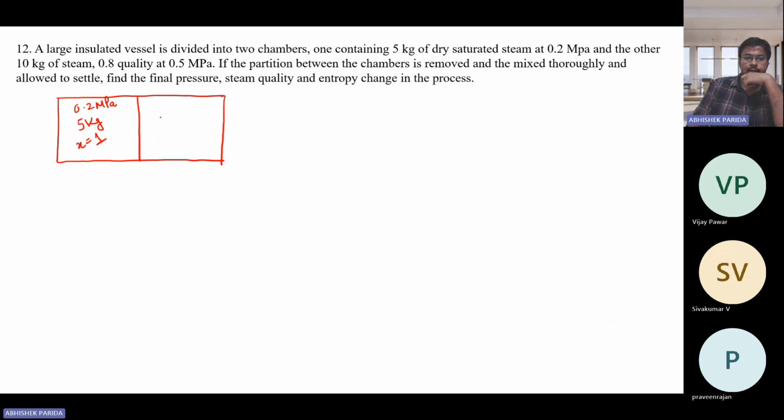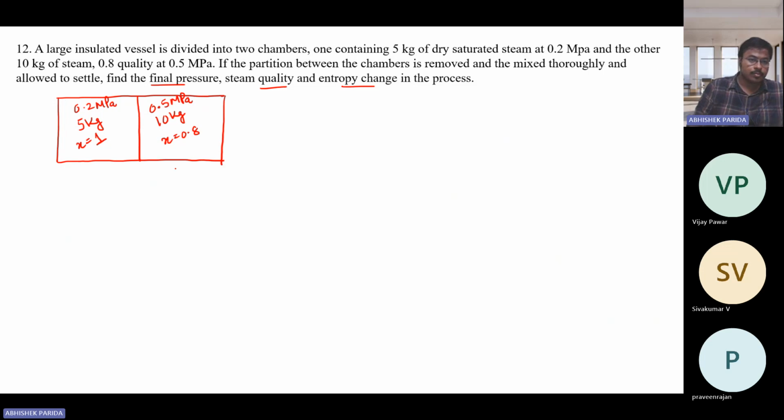And the other is 10 kg of steam at x equal to 0.8 and 0.5 megapascal. If the partition between the chambers is removed and the contents are mixed thoroughly and allowed to settle, find the final pressure, steam quality, and entropy change in the process.